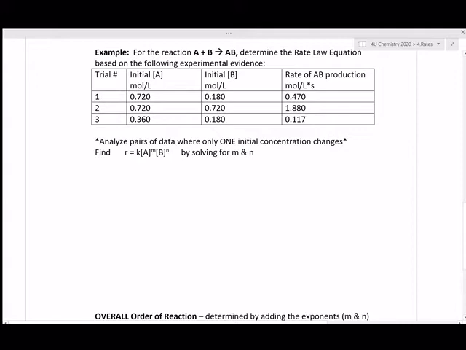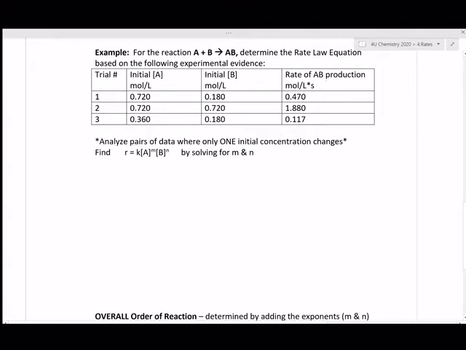So this is a set of data that someone's done in a lab where they've done an experiment 3 different times, so 3 trials, and they have recorded their initial concentration of both reactants and then measured the rate of the reaction proceeding.